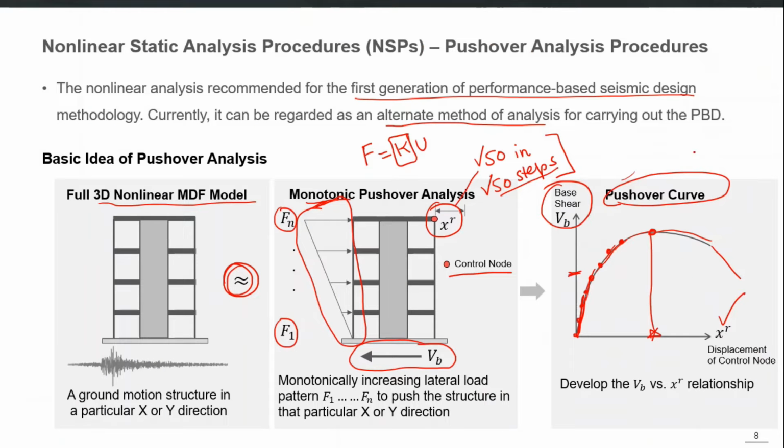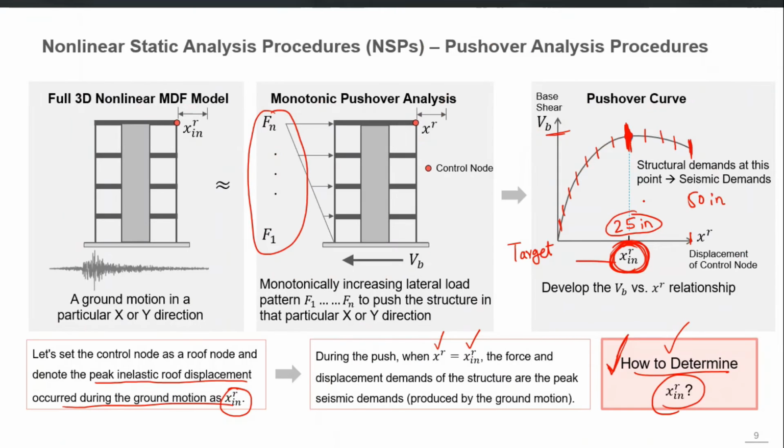So again I go back to the same slide. So this XRIN we can also estimate from the time history analysis of an equivalent single degree of freedom system.